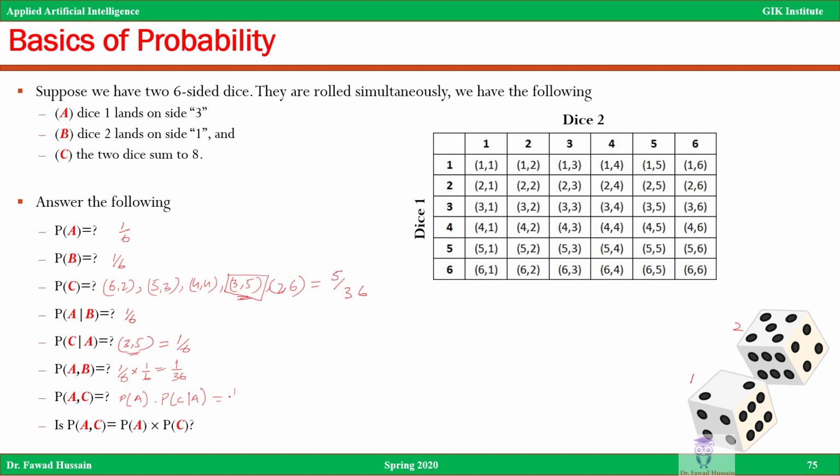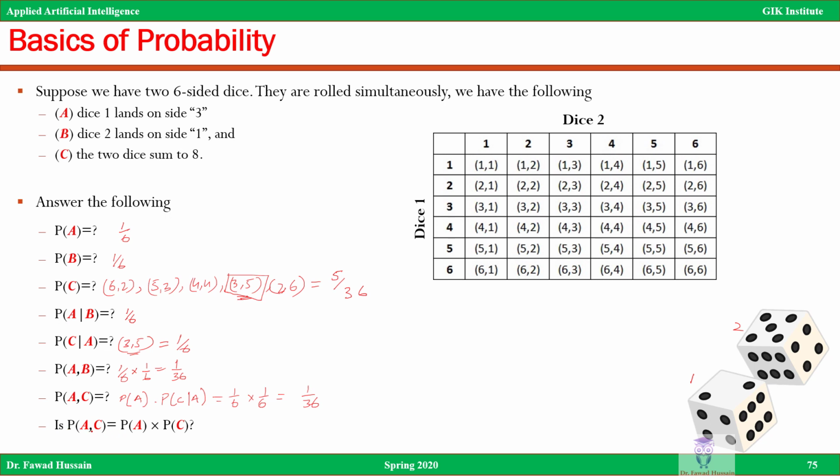So this is going to be 1 by 6 multiplied by 1 by 6, which is 1 by 36. So the probability of A occurring is 1 by 6, and the probability of C occurring when A has occurred is going to be again 1 by 6. So basically we are talking about this scenario again. So this is 1 by 36.